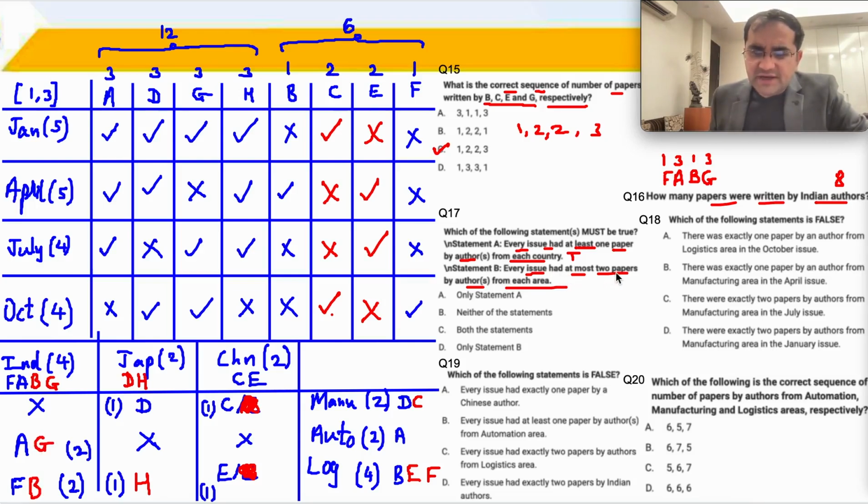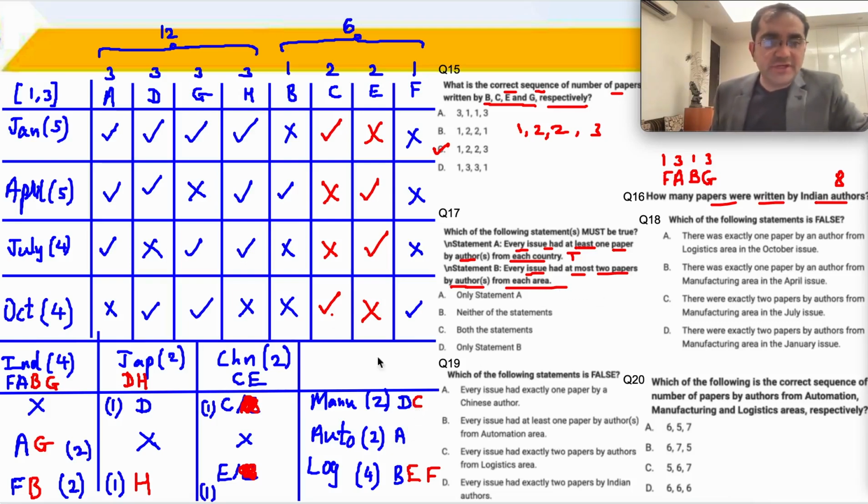Every issue had at most 2 papers by authors from each area.